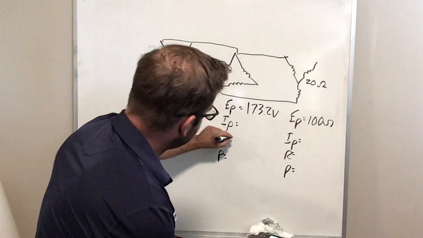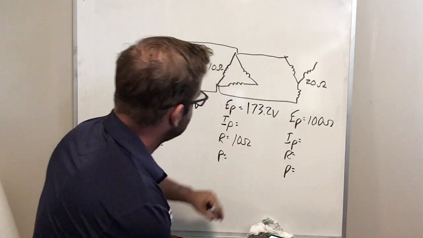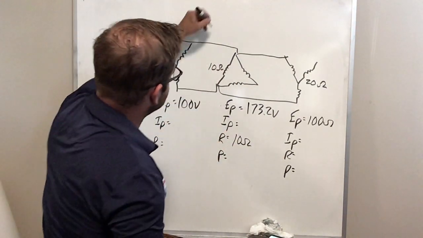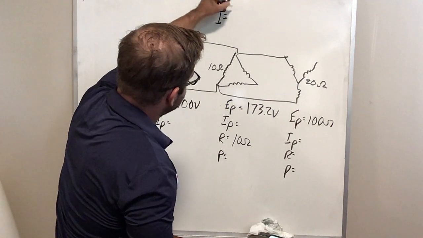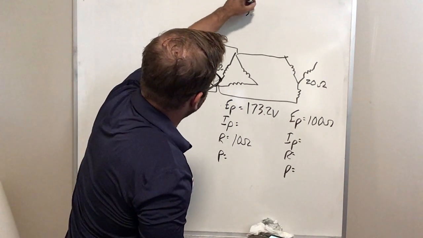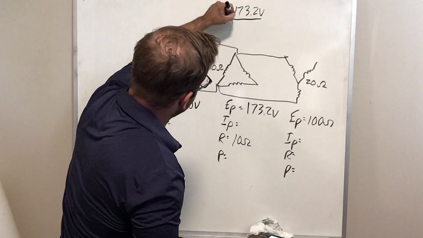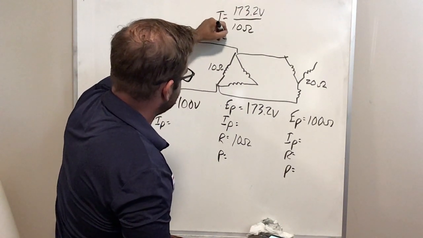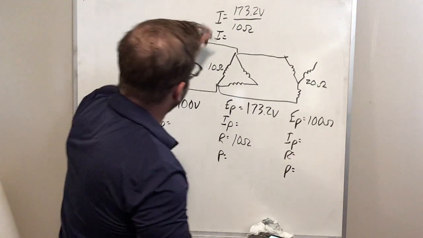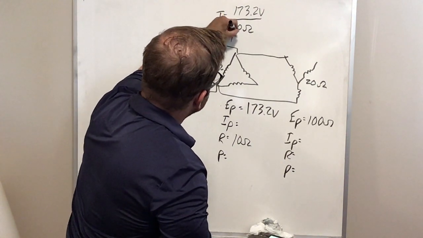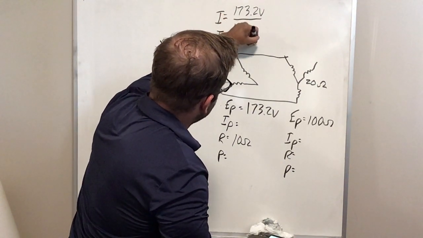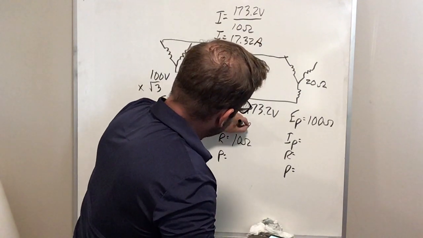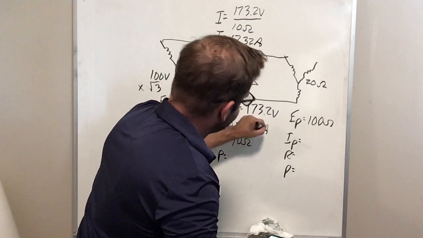We have an ohmic value of 10 ohms, and so with Ohm's law, I is equal to 173.2 volts divided by 10 ohms. We're going to find a current of 17.32 amps.